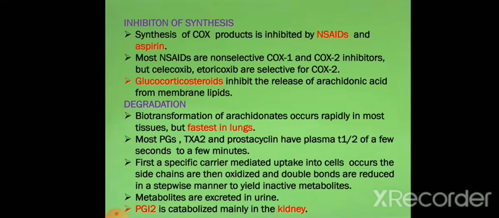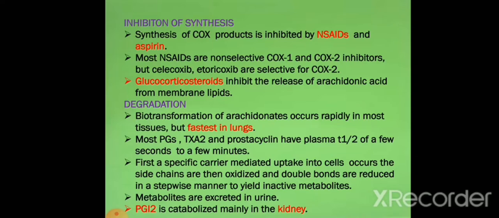First, a specific carrier-mediated uptake into cells occurs. Then the side chains are oxidized and the double bonds are reduced in a stepwise manner to yield inactive metabolites. So this is how the metabolism takes place. And these metabolites are excreted in urine. PGI2, or prostacyclin, is catabolized mainly in the kidney.